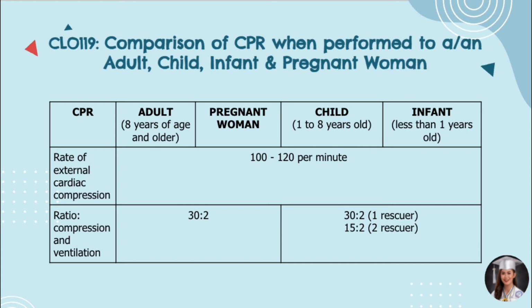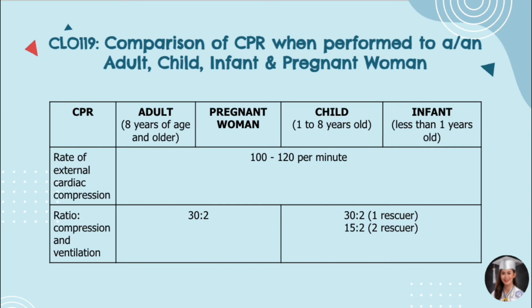As for the ratio of compression and ventilation, it is recommended to do 30:2 regardless of having 1 or 2 rescuers, meaning 30 compressions and 2 breaths are given to both adults and pregnant women. Same ratio is observed to both child and infant, but only when there is 1 rescuer, which is a ratio of 30:2.